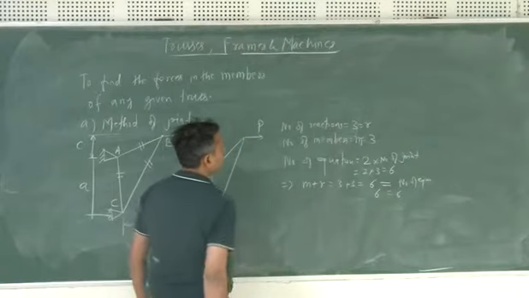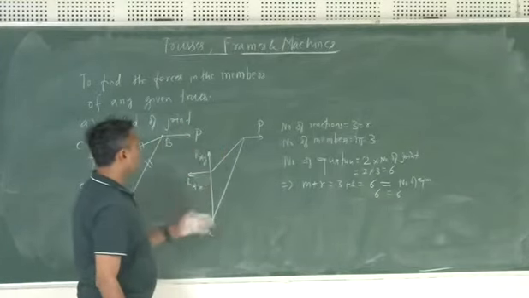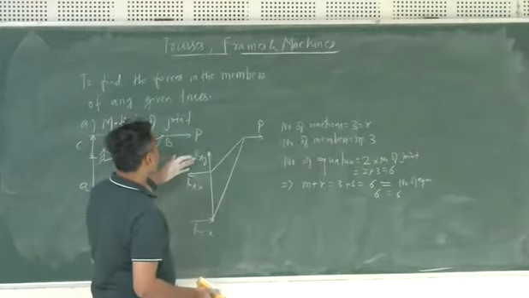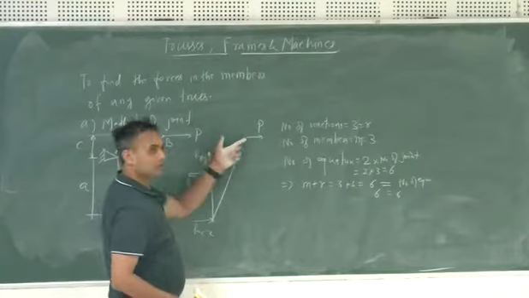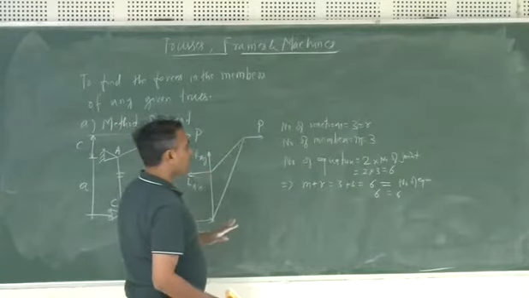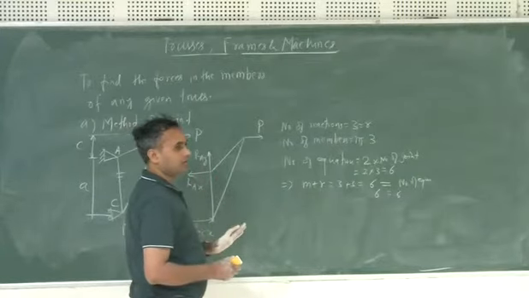So after this you should be very happy. Then what you have to do is find these components. When I told you that you can write only two equations of equilibrium at the joints, that is valid when you draw the FBD at the joint.